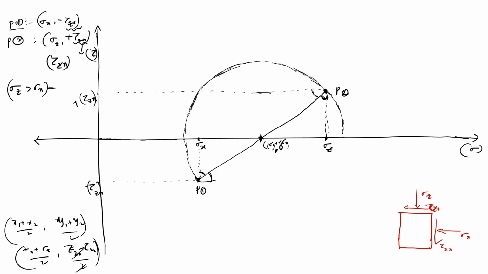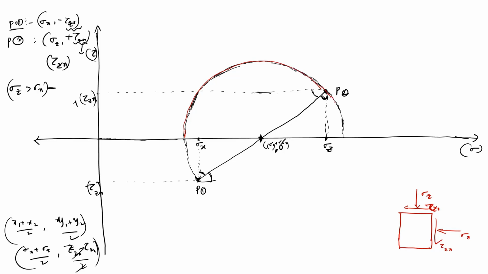Here we know that major and minor principal stresses are nothing but the stresses on the plane where shear stress is 0. All the points on the Mohr circle represent the combination of stresses on any plane on the given element.